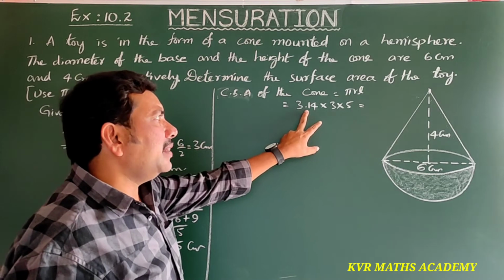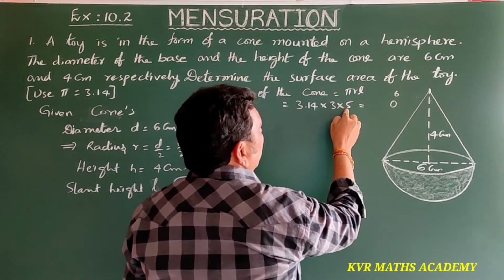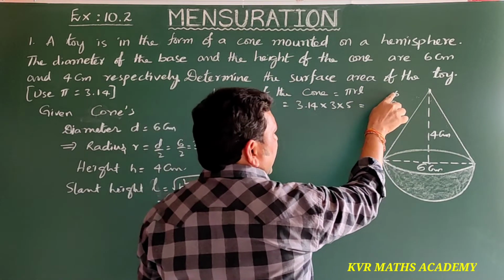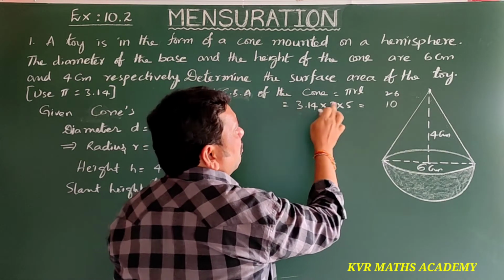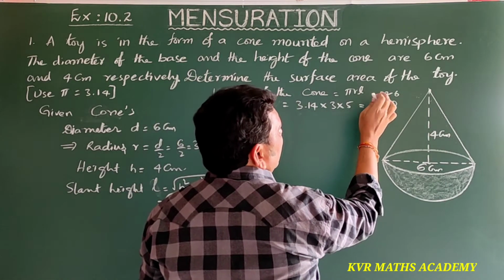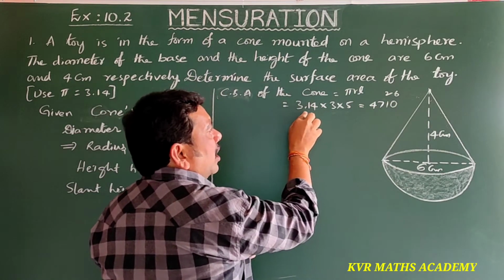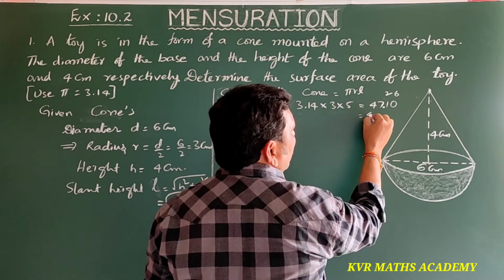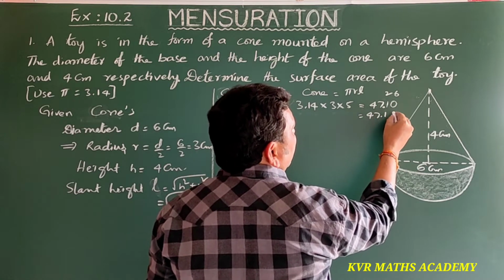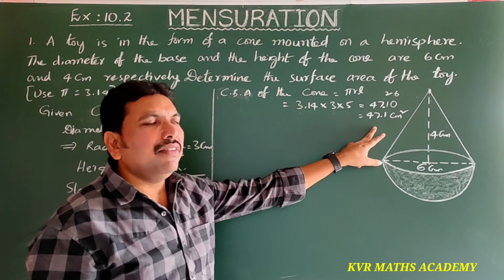With 15 multiply 3.14. 15 4s are 60, 6 is there. 15 1s are 15 plus 6, 21, 2 is there. 15 3s are 45, 45 plus 2, 47. After the point there are 2 digits, so we keep the point before 2 digits. That is equal to 47.1 centimeter square. So this is the CSA of the cone.